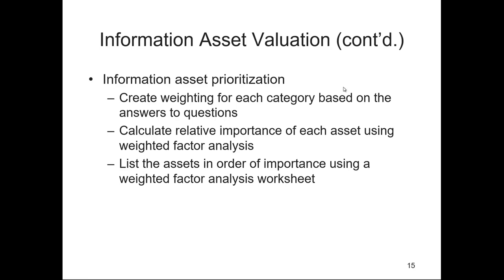Once each question has been weighted, calculating the importance of each asset is straightforward. We add all these weights, and the one with the highest weights will be the highest evaluation asset, and we need to protect that asset. The final step is to list those assets in order of importance. This can be achieved by using the weighted factor analysis worksheet, and that will give us the different priorities.